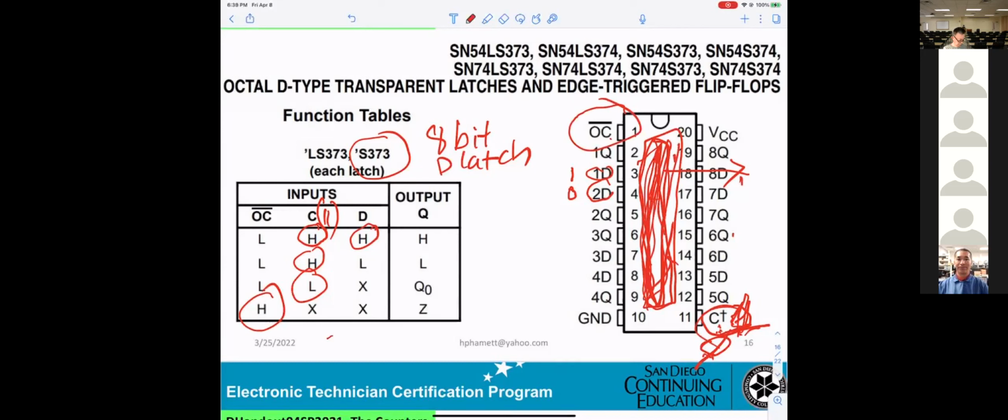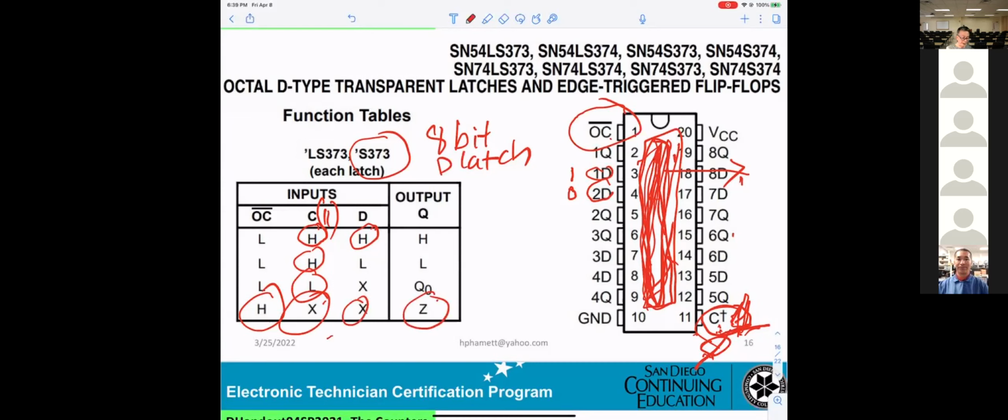The output has a high impedance. Exactly. That will be telling you, pin 11, they don't care. Input D, they don't care. Output has to be high impedance.